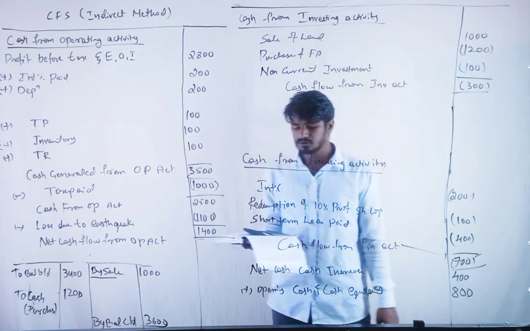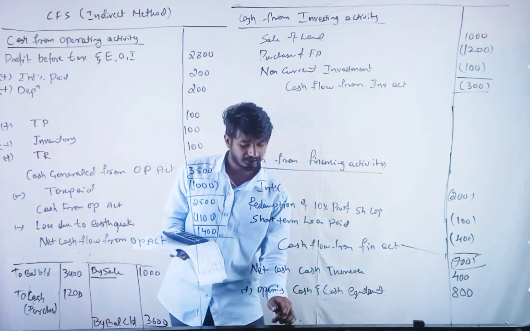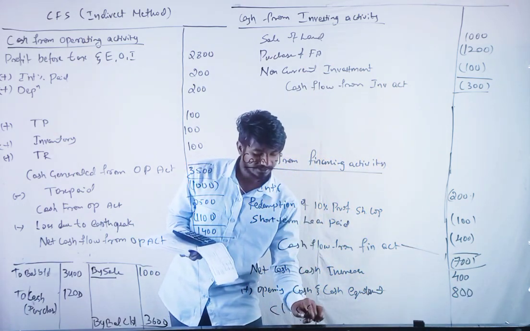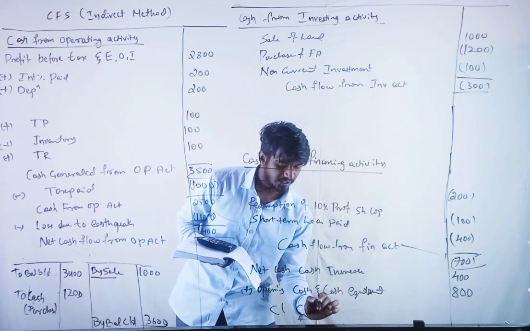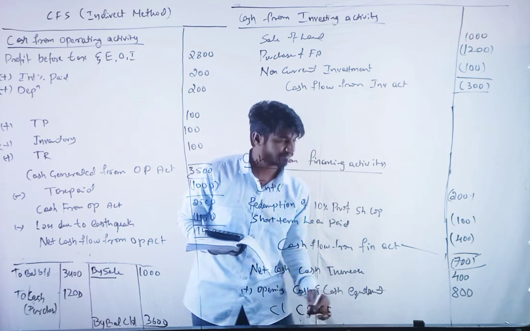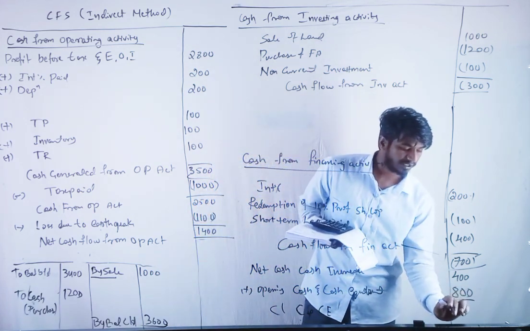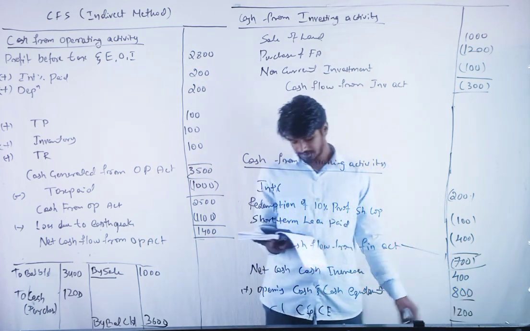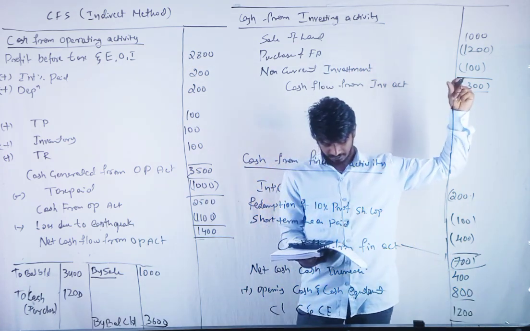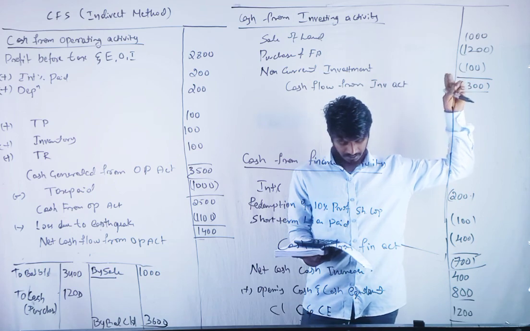It must be equal to closing cash and cash equivalent, right? I'm writing in short form, closing cash and cash equivalent. 1200 comes if we add both. Is that equal to the closing balance of cash and cash equivalent? Yes, it is.